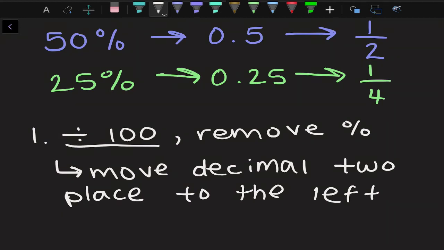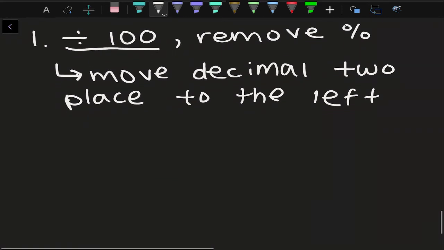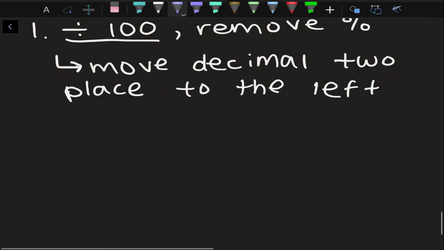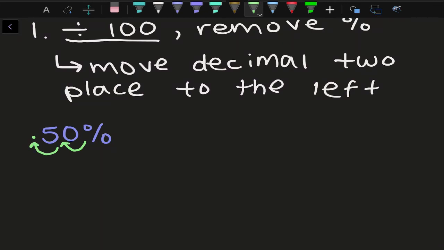So if we use this one step here, it would look something like, using this example, I have 50%, and first I want to divide by 100, or move the decimal place from here, 1, 2, there's going to be my decimal, so that gives me an answer of 0.5, because I have to add that 0 in front.